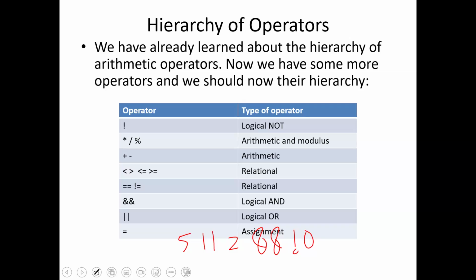Which operation will be performed first? Not. So not 0 is what? True, 1. So the next line will be 5 or 2 and 1. How did you get this one? Not 0 is 1. What is the next task? Should I do 5 or 2 first?